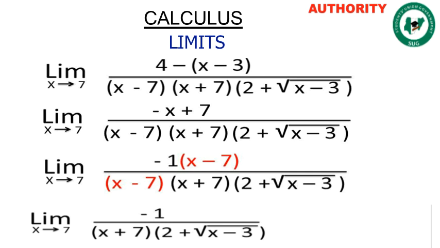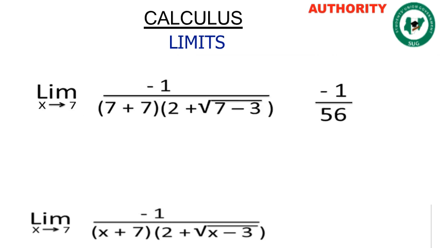So we have the limit as x approaches 7 of minus 1 all over (x plus 7)(2 plus the square root of x minus 3). Here, let's plug in 7 wherever we see x. We have minus 1 in the numerator all over 7 plus 7, which gives us 14.